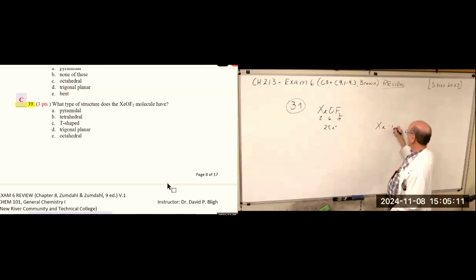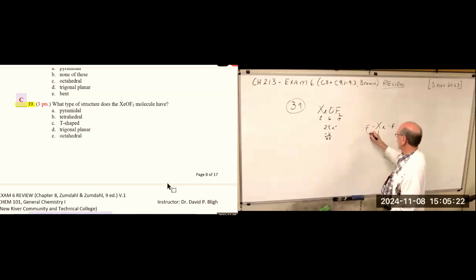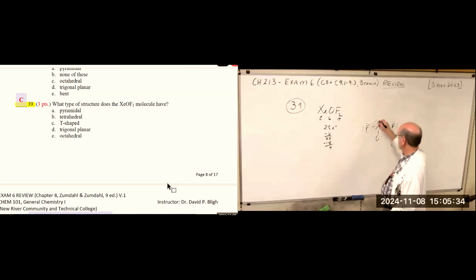So we got that, we got a fluorine and an oxygen. 2, 4, 6, 8, 10, 12, 14, 16, 18, and that's 4, right? 2, 4.